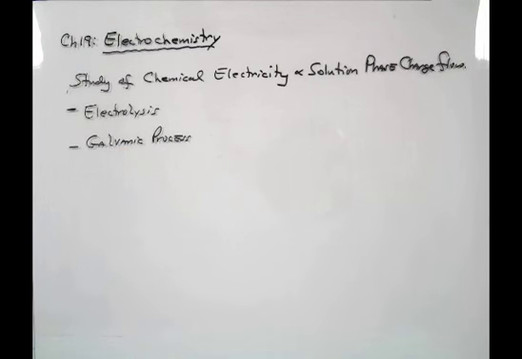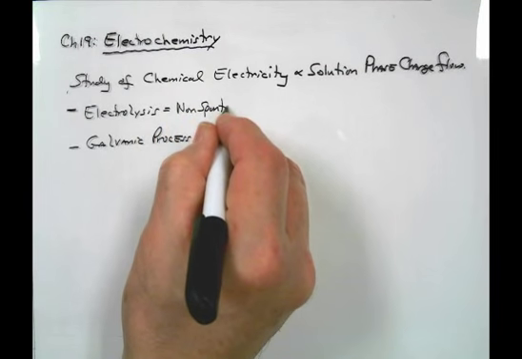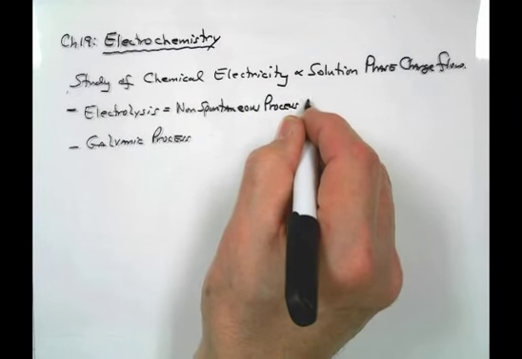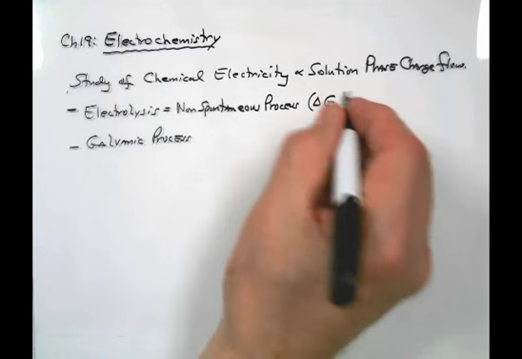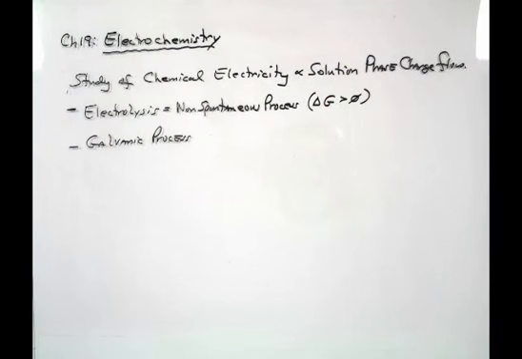Electrolysis differs from the galvanic process in that it is a non-spontaneous process. That is, delta G is greater than 0 for the process, and indicates that energy is required to move those reactions forward or make the chemistry work.